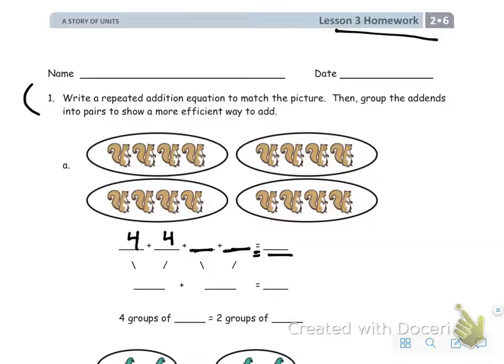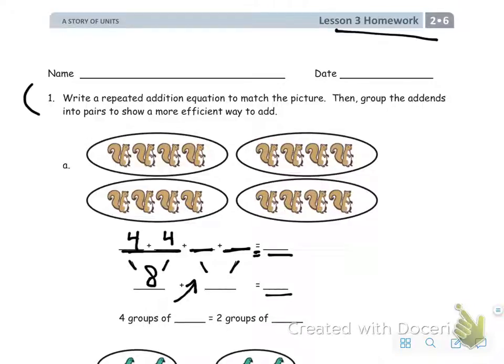So now you need to take these add-ins and group them into pairs, and they gave us these nice little lines to help us know where we're grouping all of these. So over here we have 4 plus 4, and that equals 8. So go ahead and do the same thing for the numbers that you got for right here, then add them all up.